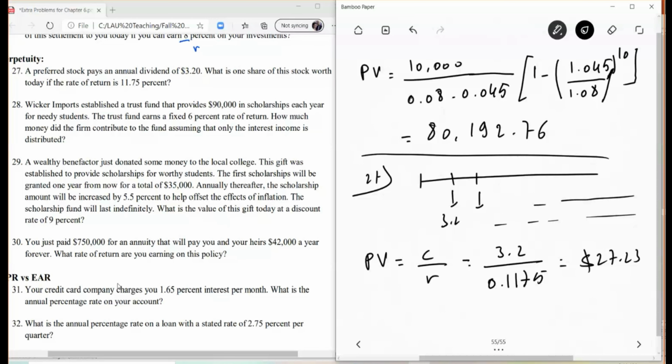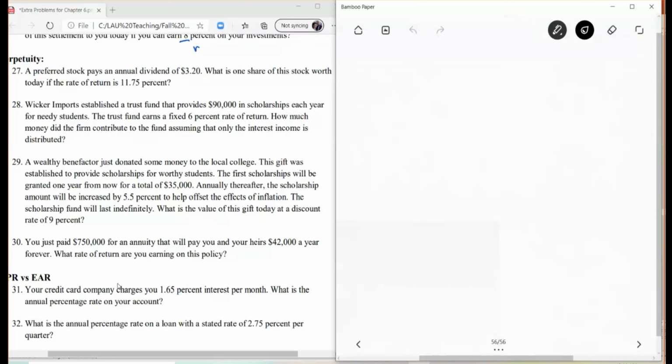Now, number 28. Wicker Imports established a trust fund that provides $90,000 in scholarships each year for needy students. The trust fund earns a fixed 6% rate of return. How much money did the firm contribute to the fund, assuming that only the interest income is distributed?